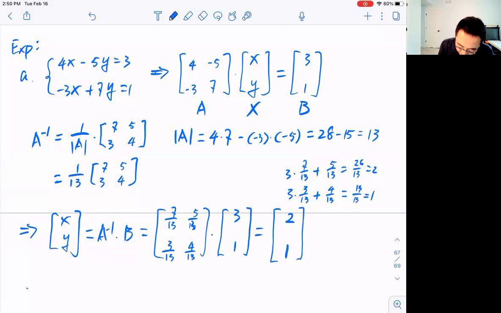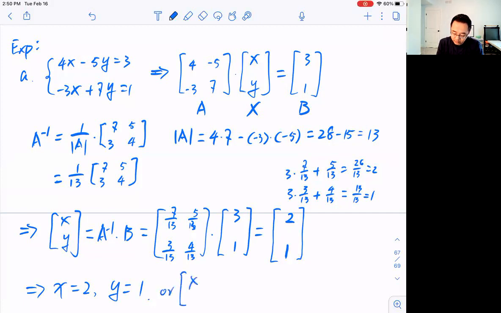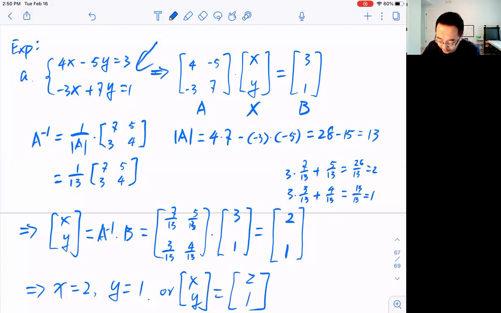So that tells you x equals 2 and y equals 1. Or you can leave it as (x, y) equals (2, 1). That's fine as well. So that's how you use this method to solve it. Now you can plug x and y into these two original equations to make sure they both hold. In this case, they do, but you can verify that on your own.